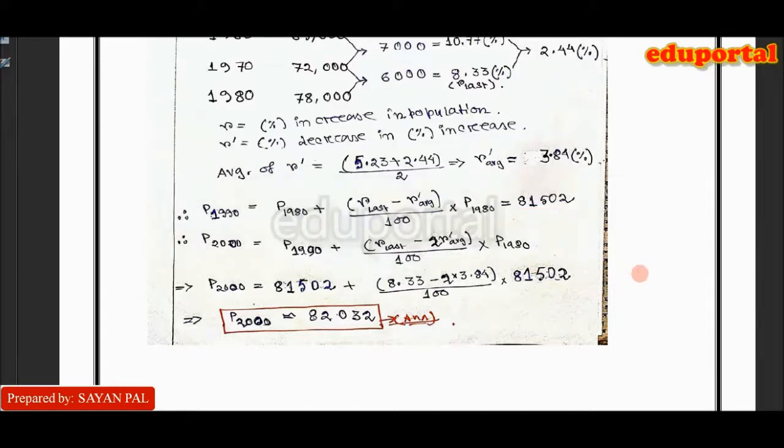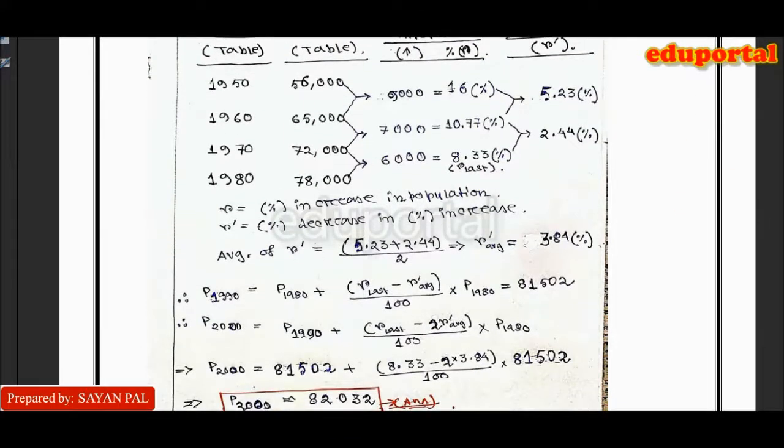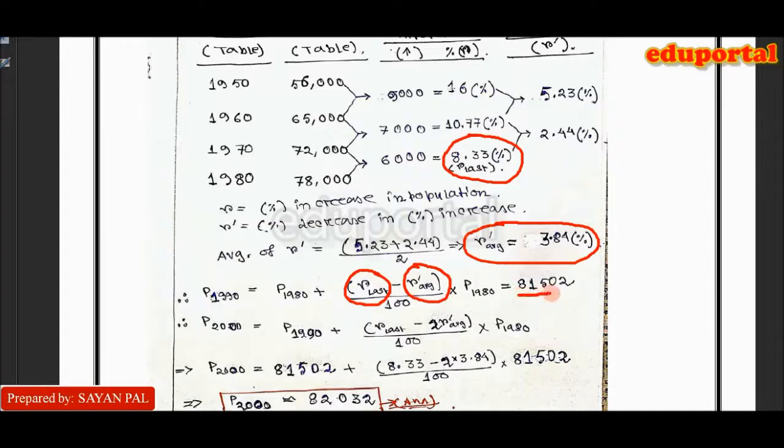Let's see again. Here r last is 8.33%, and this is r dash average. We put these values in to get the population for 1990.